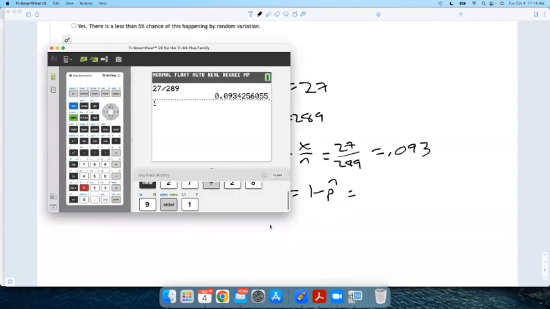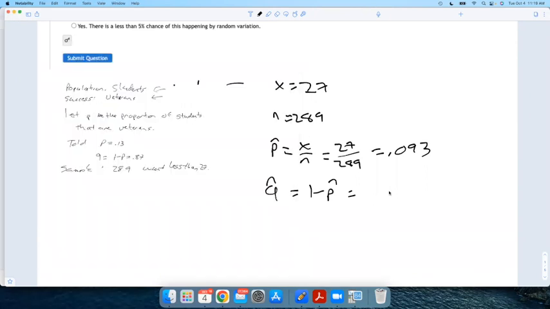So I can do 1 minus the last answer. Excuse me, second answer, 0.907. So this is my sample statistics here.